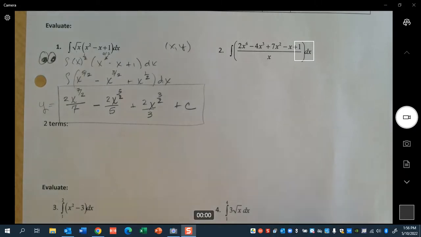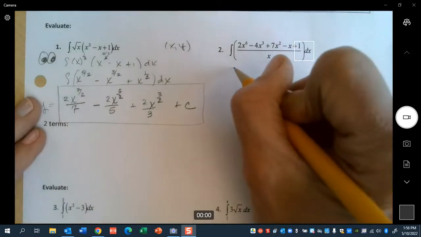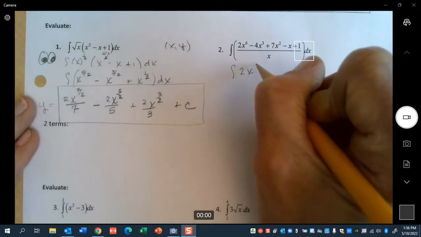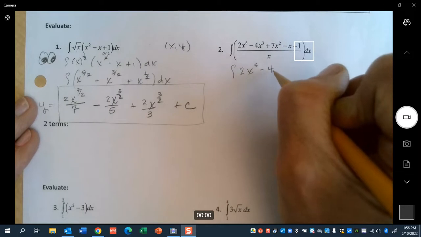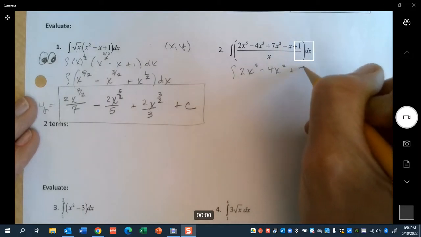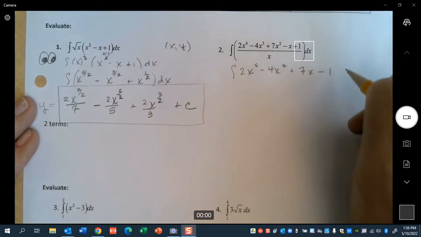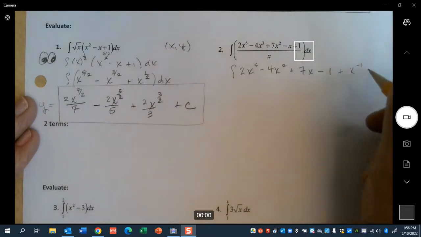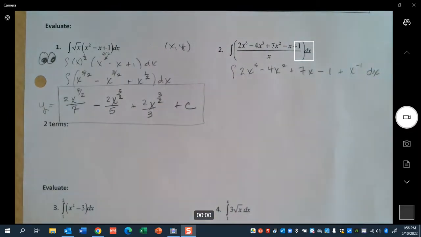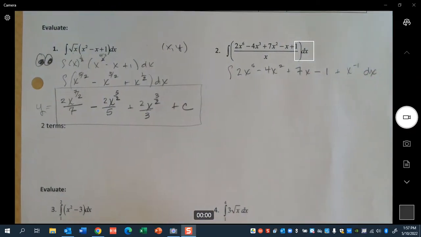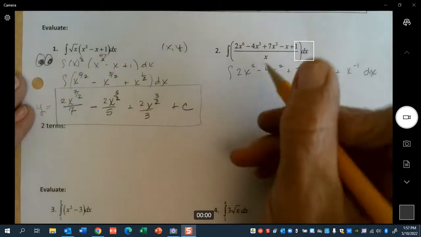So this one's going to be more of the same. I'm going to rewrite this as 2x to the 5th minus 4x squared plus 7x minus 1 plus x to the negative 1. Once I rewrite that, then it's just those same integral rules throughout.